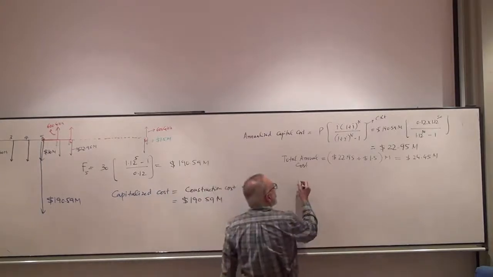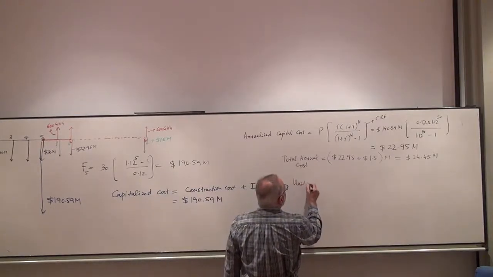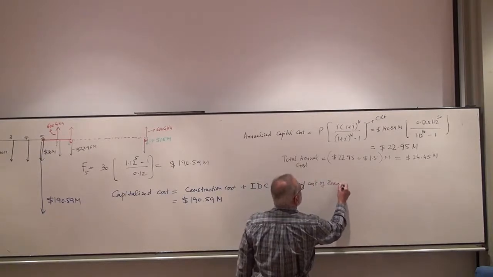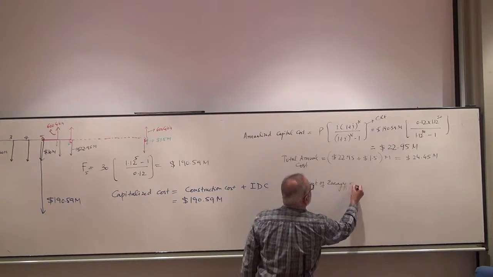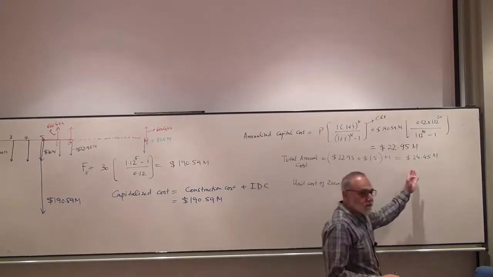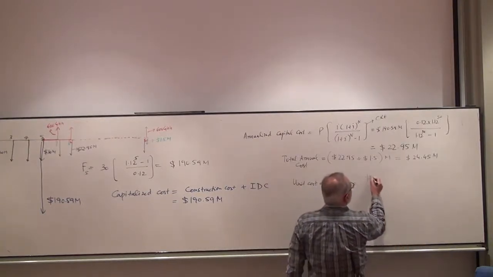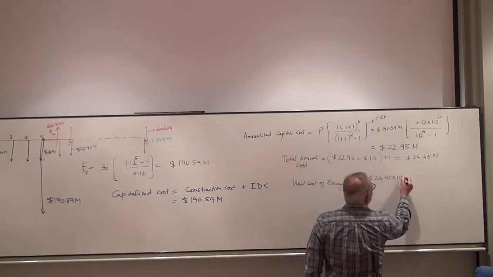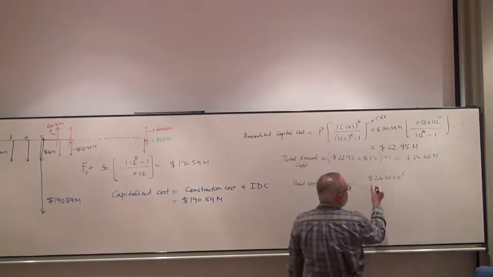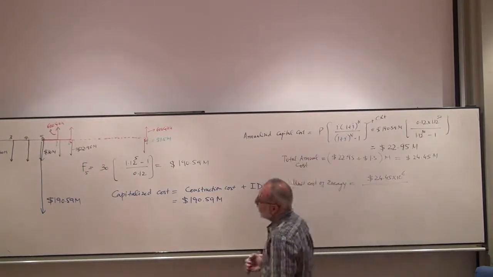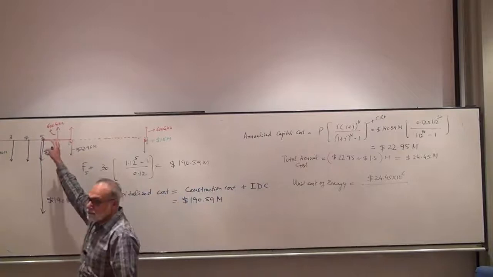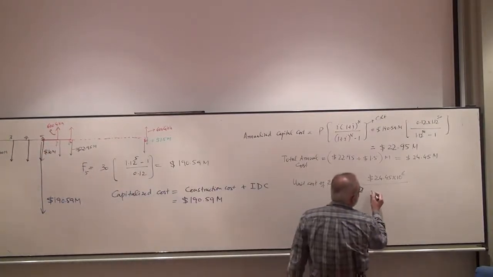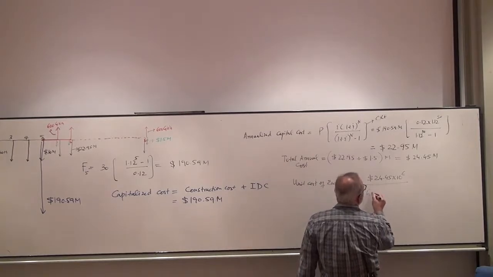Then the unit cost of energy is the total annual cost, $24.45 million, divided by the annual energy, which is 600.